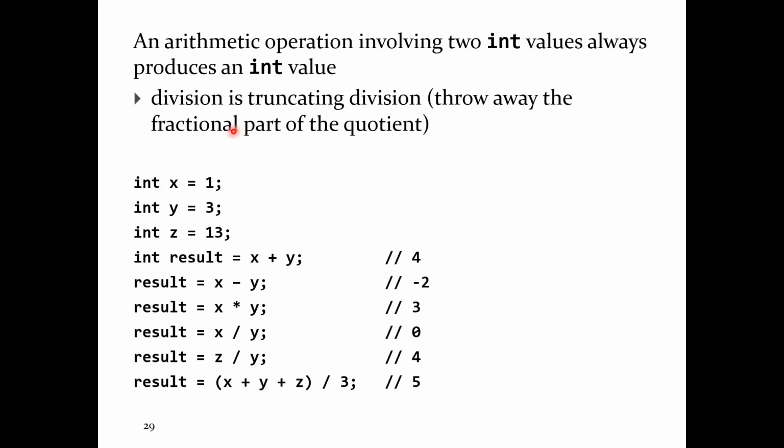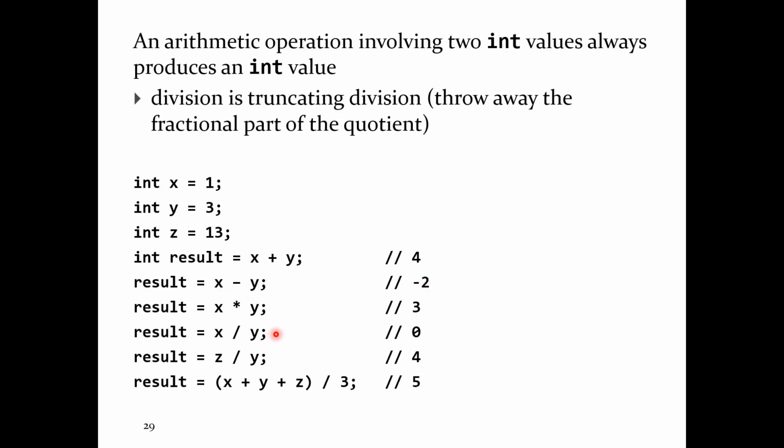And so Java division is what's called truncating division. You compute the quotient and then throw away everything after the decimal place. So here we have values, x is 1, y is 3, z is 13. X plus y produces an int because x and y are both ints, and you get the int 4. X minus y, they're both ints, so you get an int value, and the value is minus 2.